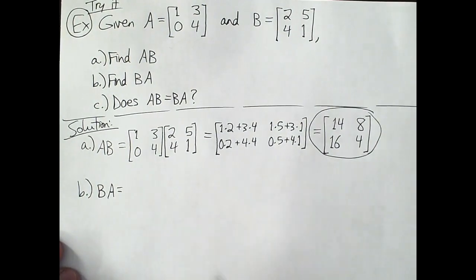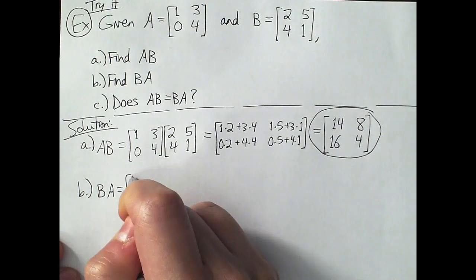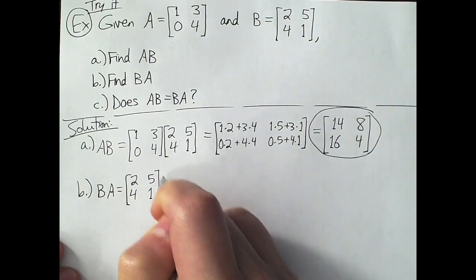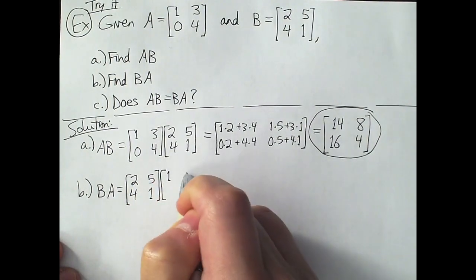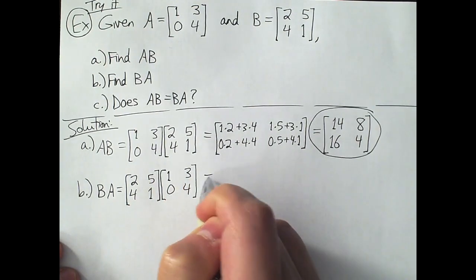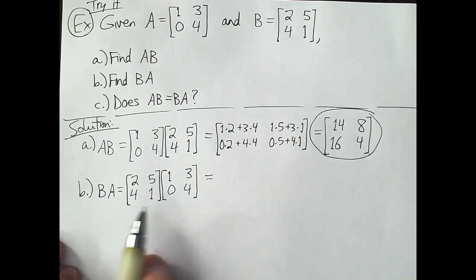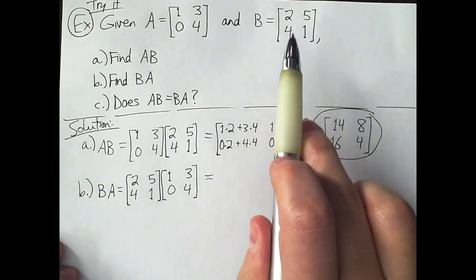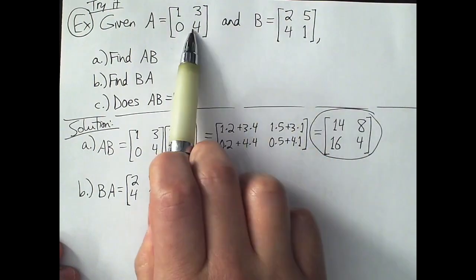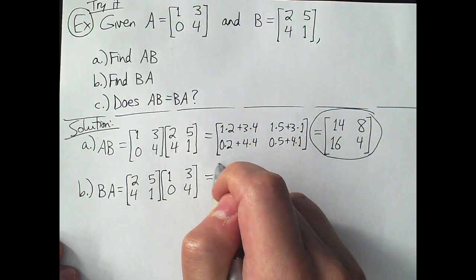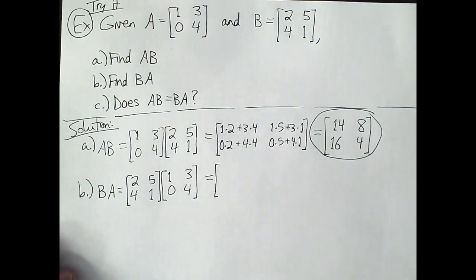Part B wants us to do BA. So I'm going to write B, and then I'm going to write A. And here I think it's especially useful to rewrite the 2 matrices side by side in the correct order that this problem wants. It wants B first and then A. If I were looking up here at this B and this A in the other order, I would get lost and maybe copy the wrong row or the wrong column.